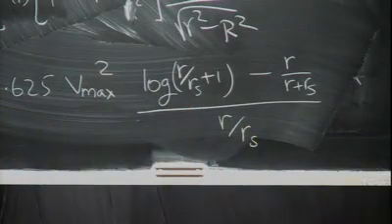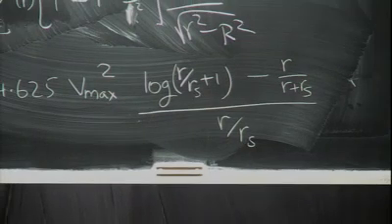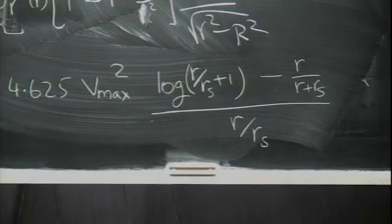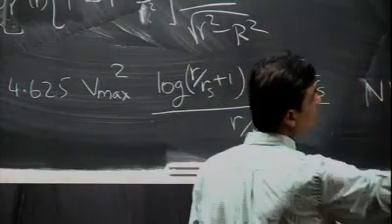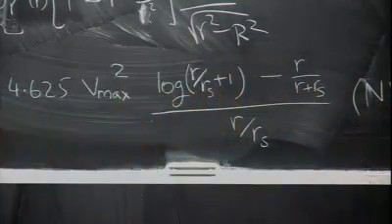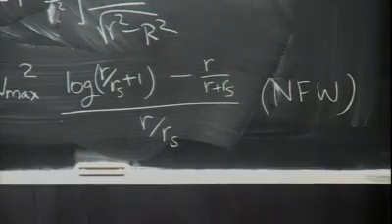For those who haven't seen things in this form, this is the famous Navarro-Frenk-White profile. Okay. So instead of writing it in density, I've written it out in terms of the circular speed.